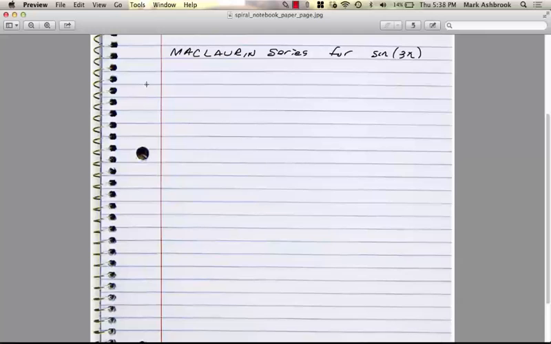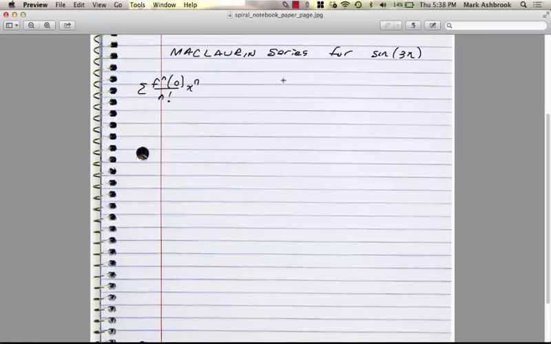So again, we rewrite the Maclaurin series. It's going to be the nth derivative taken at 0 over n factorial, x to the n. The n factorial x to the n part is done. There's nothing to do. So what we need is several derivatives of the original function, taken at 0.